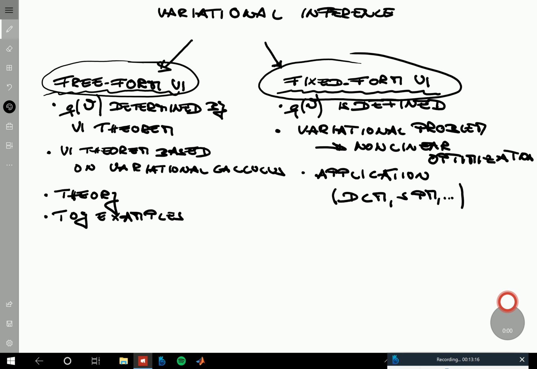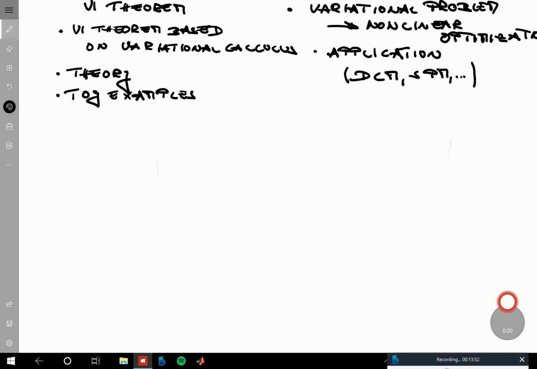So my plan today is first to talk about free-form variational inference without going deep into the detailed math. Once we have covered some ground there, I will switch to fixed form variational inference and go into more detail, because this is what you would be dealing with much more if you choose to do something interesting in cognitive neuroscience. Good. So, free-form variational inference, that's the topic.